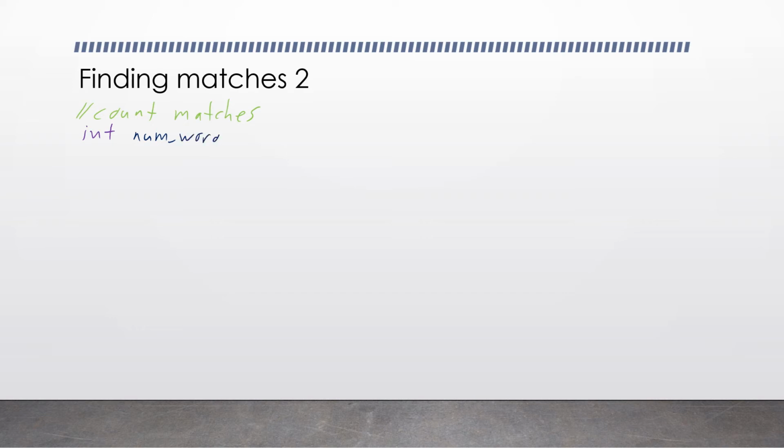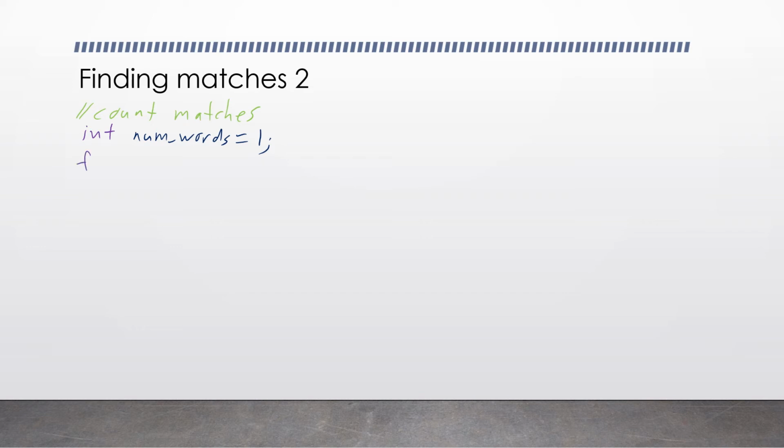That's a little more useful. Okay. We set numWords to 0. Actually, we'll start numWords at 1 because we'll assume that there's one word in the sentence, even if there's nothing there.